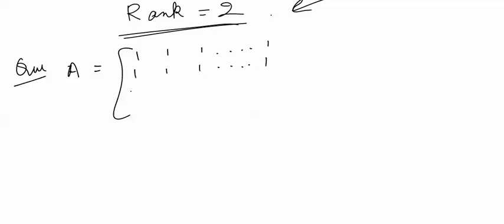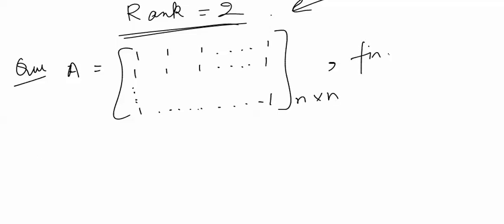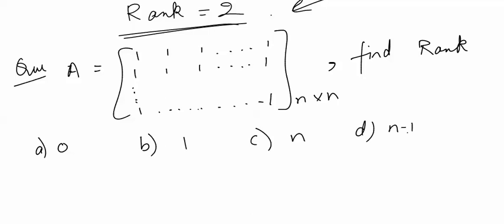This dot dot dot means that this is going on, right? 1, and this is an n cross n matrix. Find the rank. Options, let's say we'll take 0, 1, n, n minus 1.